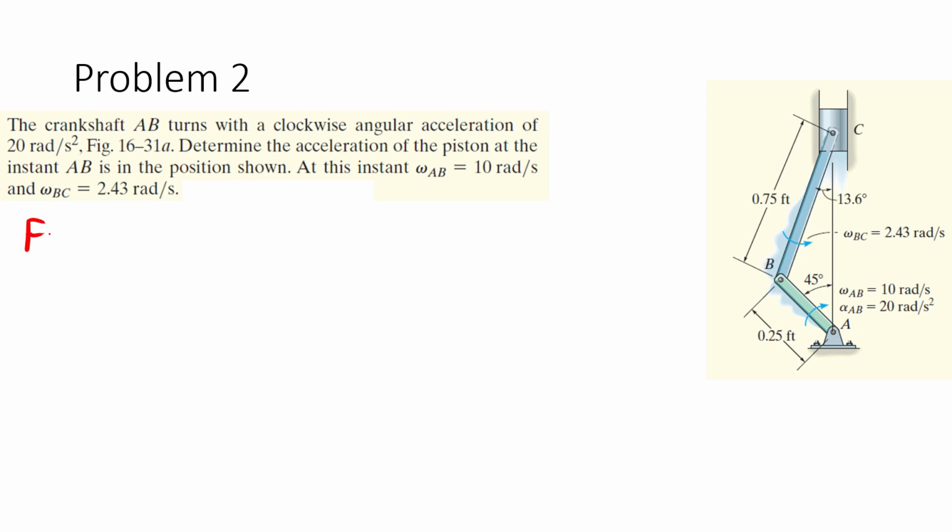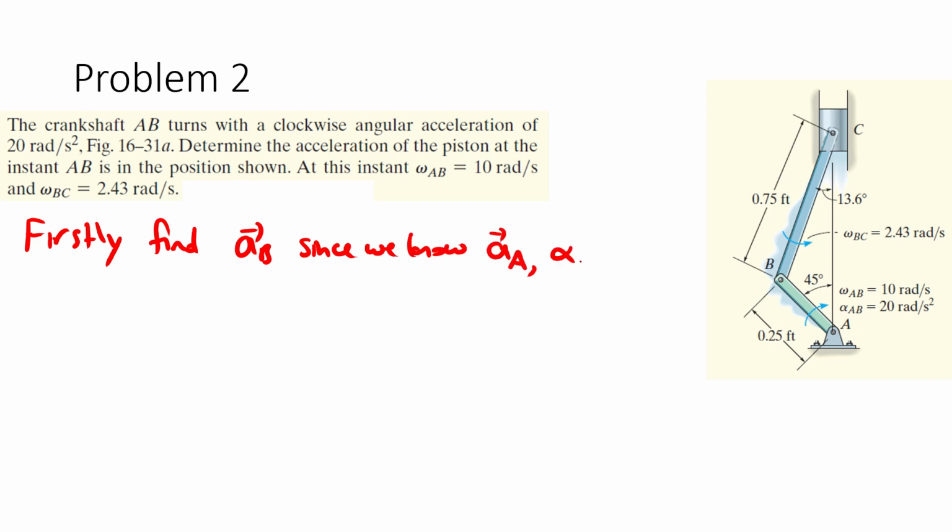So firstly, we will find the acceleration of B. Why do we find the acceleration of B? Because we know the acceleration of A, we know the alpha, and then we know the RAB.